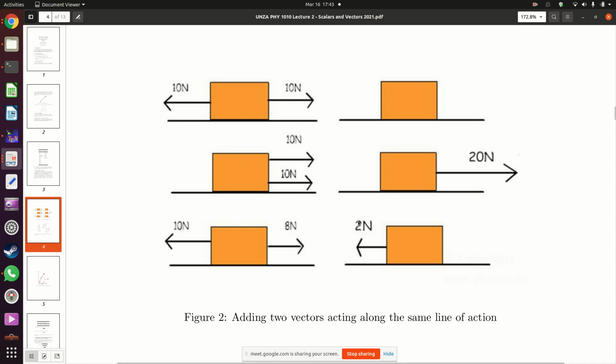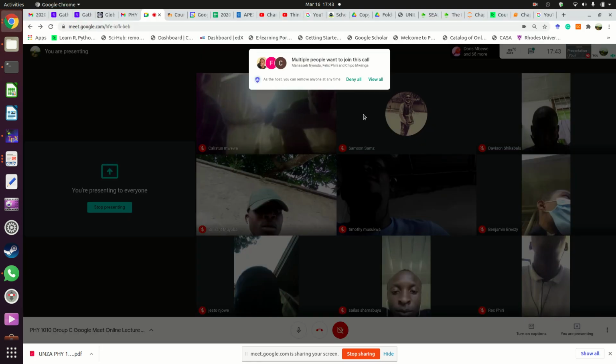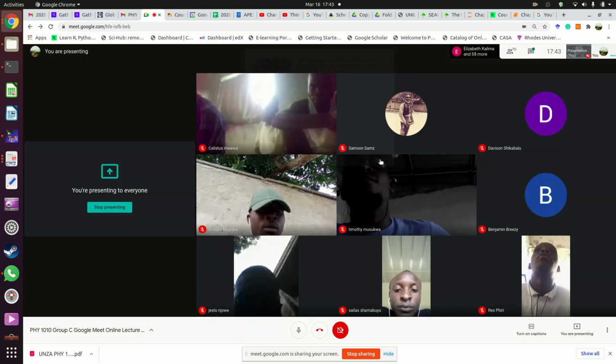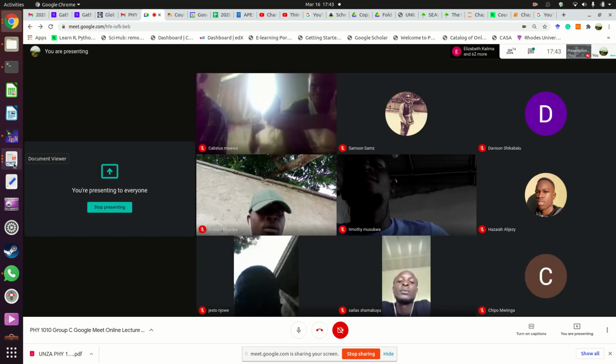This 2 newtons is the resultant. We need to find the resultant. So you will have objects being acted upon by different forces. If you've got a bunch of forces acting on an object, then what we want you to do is to find the resultant. Are we clear?